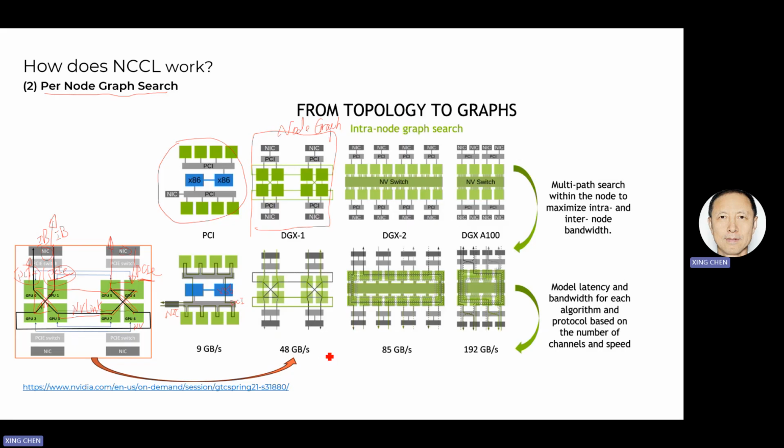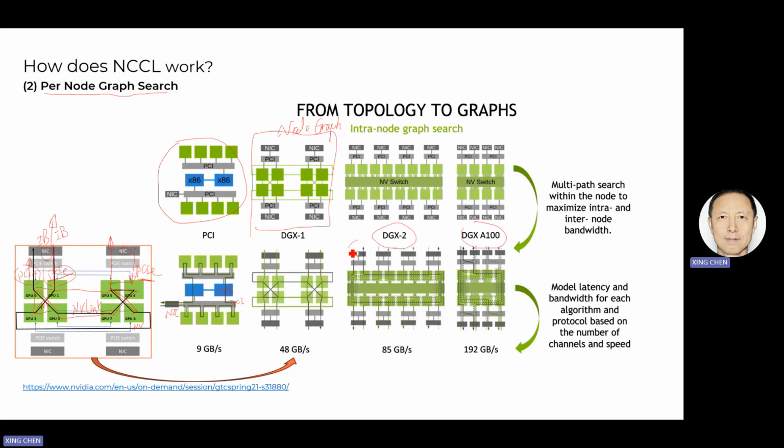If we look at the DGX2 system and the DGX A100 system, Nvidia is using pretty much the same method to build up the communication rings for each NIC adapter.